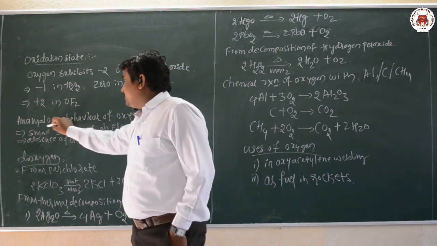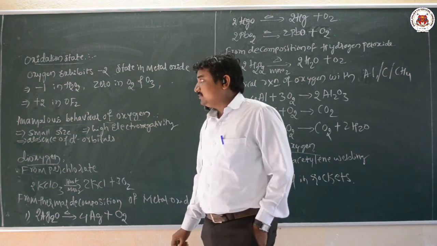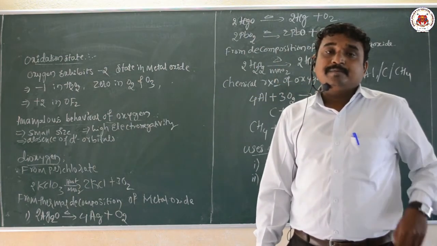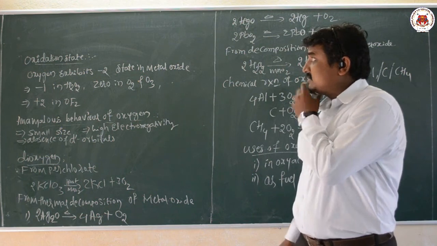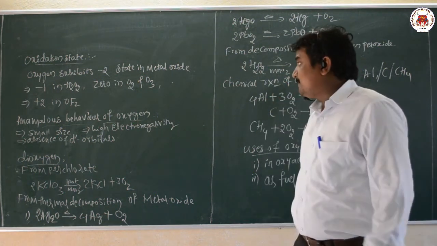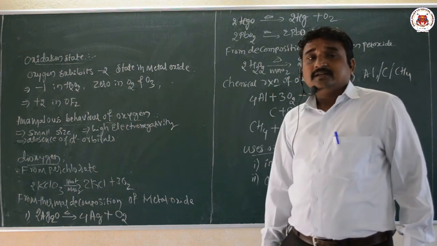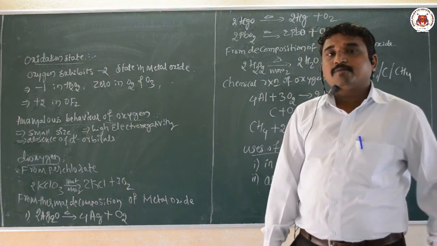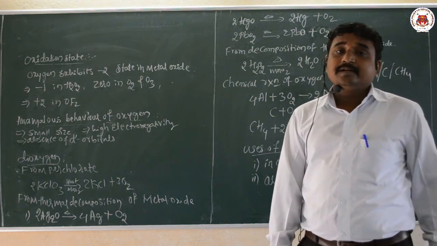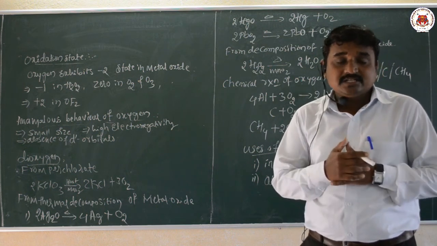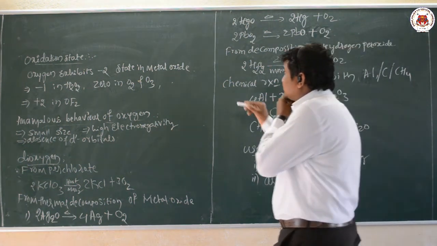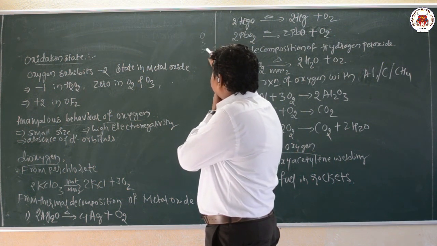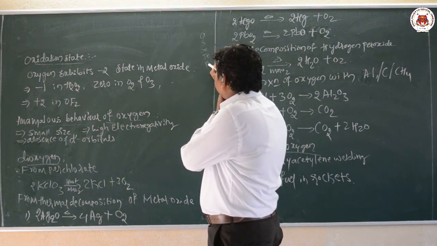Now the next point is important. Just as we know the anomalous behavior of nitrogen in group 15, here in group 16 there is the anomalous behavior of oxygen. Oxygen shows different properties compared to the other elements present in group 16, which consist of oxygen, sulfur, selenium, tellurium and polonium.